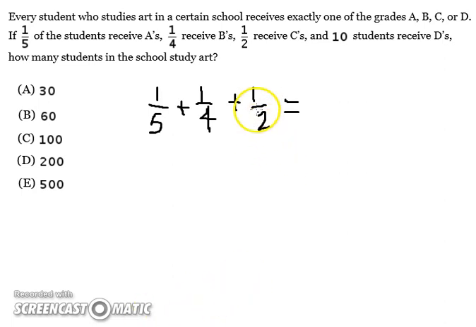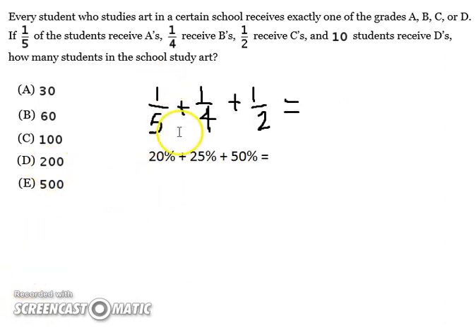But most people recognize that 1/2 is the same as 50%, and 1/4 is the same as 25%. And a lot of people may also recognize that 1/5 is 20%. More people understand these two than this one, but 1/5 is 20%.